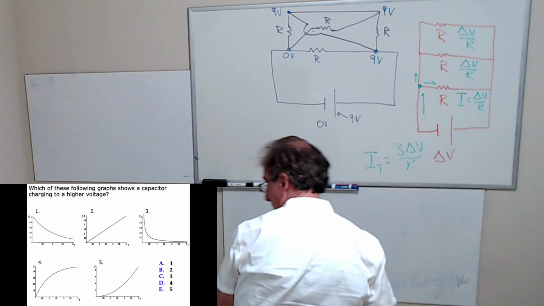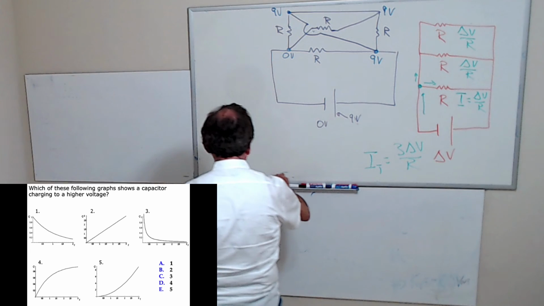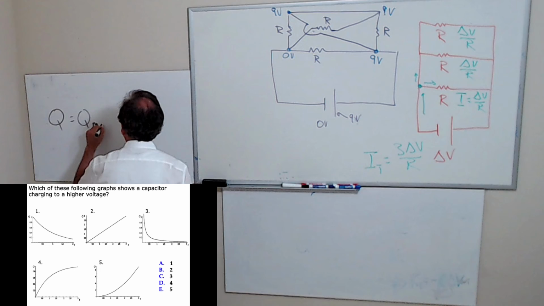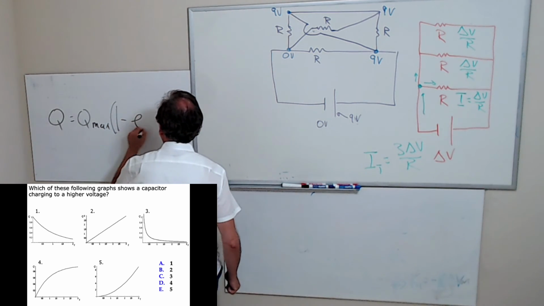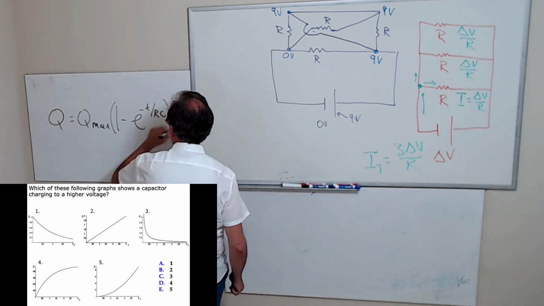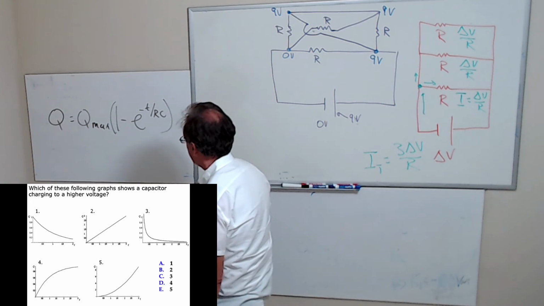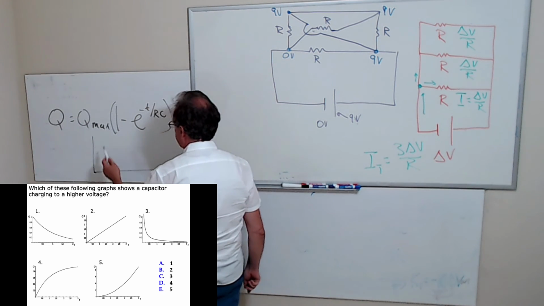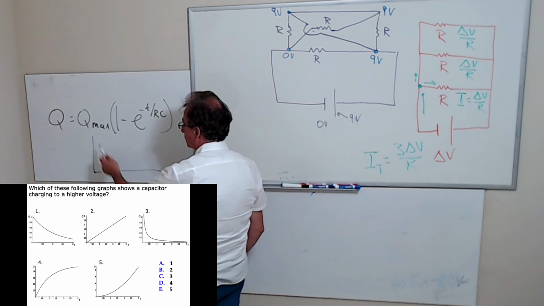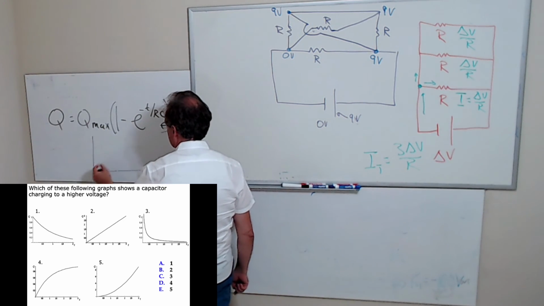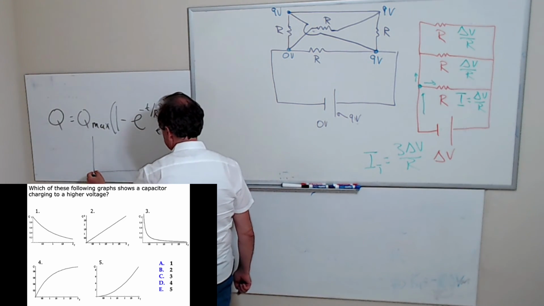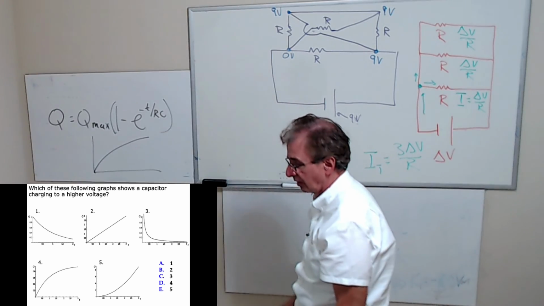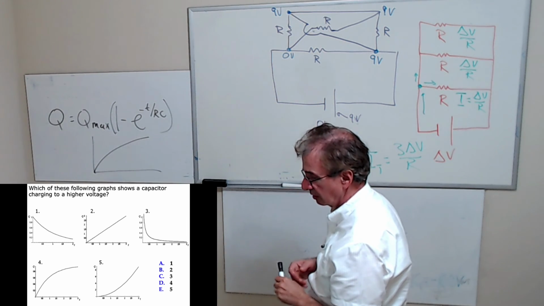Well, I wrote down the equation for a capacitor that's charging. At t equals 0, this function is 0. And then at t equals infinity, this reaches a maximum value of q max. And so this is an exponential function. It's going to look like this. And so selection number 4 was the answer.